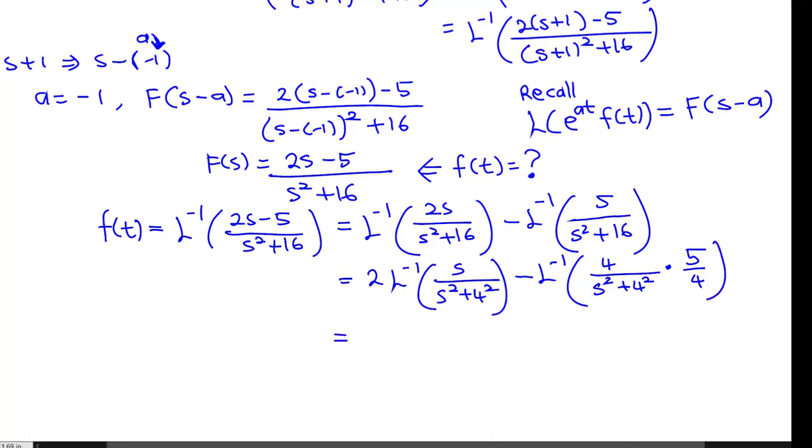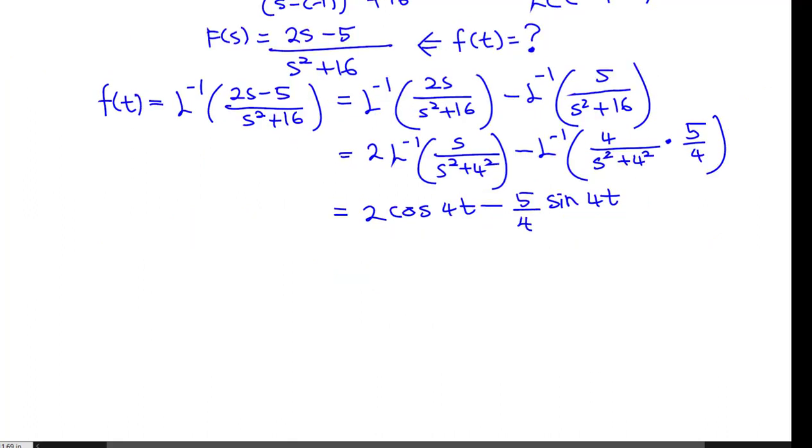So you will get 2 cos 4t minus 5 over 4 sin 4t.